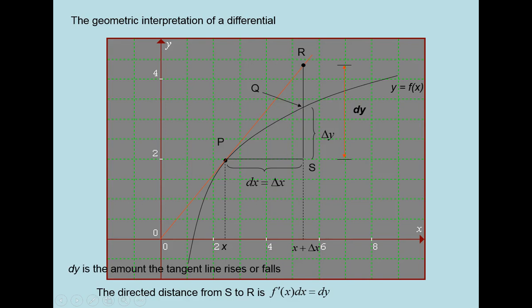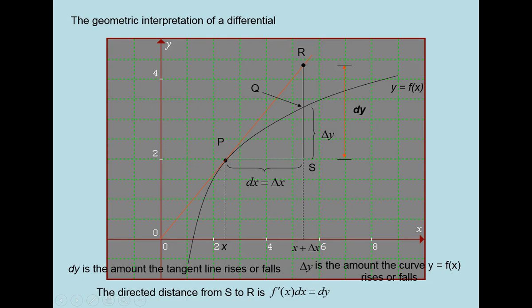So dy is the amount the tangent line rises or falls, depending on your original function. If it's an increasing function, we have that overestimate. If it's a decreasing function, we may have an underestimate. Delta y is the amount the curve actually rises or falls.